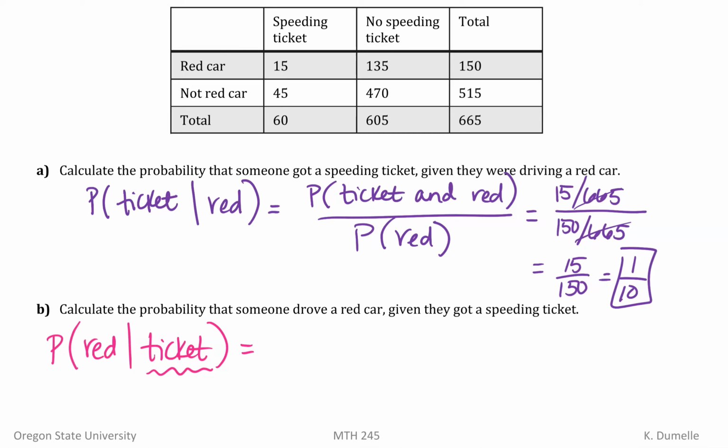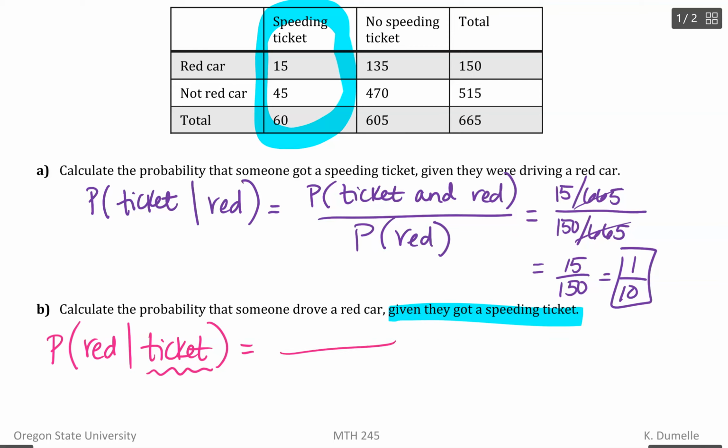Okay, so we know that they got a speeding ticket. That is information we were told. That dwindles our pool down a little bit from this big table. If they got a speeding ticket, we know that they live in this section of the table, and that section has a total of 60 people. So that's my denominator: the total people who got a speeding ticket is 60.